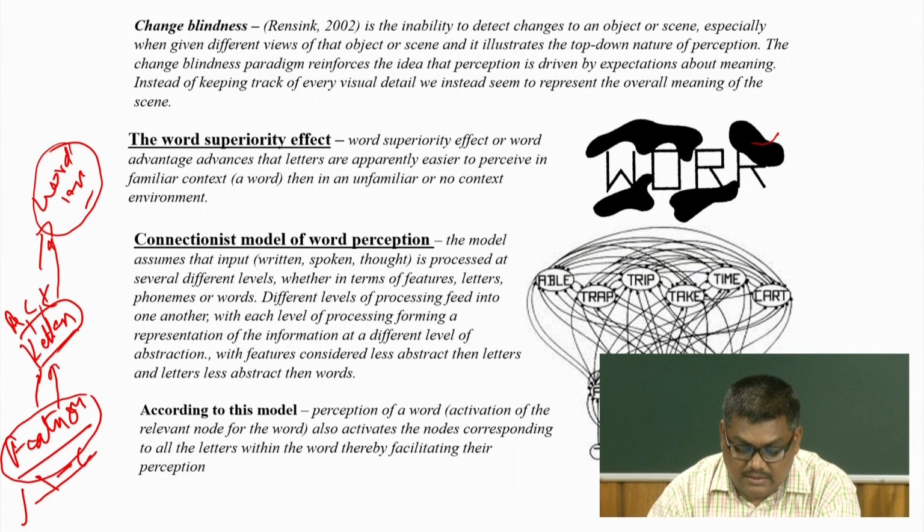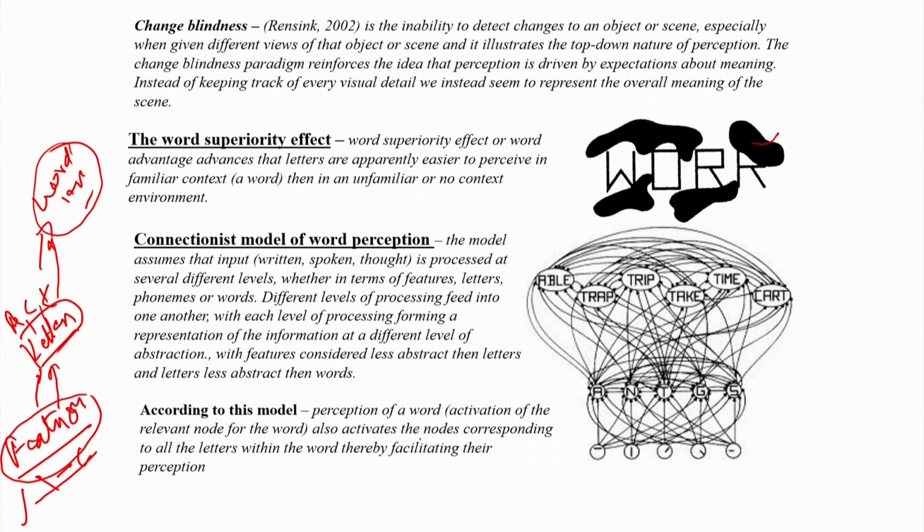What it says is that the activation of the relevant node for a word activates the node corresponding to the letter within the word, thereby facilitating the perception. So, for example, if there is a word that I have to see, these kinds of connections start. This is the feature level.